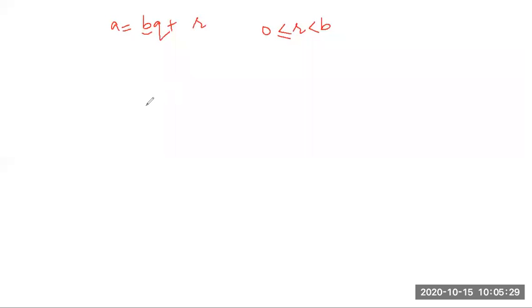Very good. Now students, we can take two numbers: a = 93, b I can take as 12. So this is one case, and the other one I can take as a = 252.